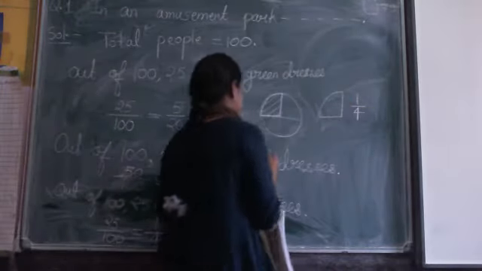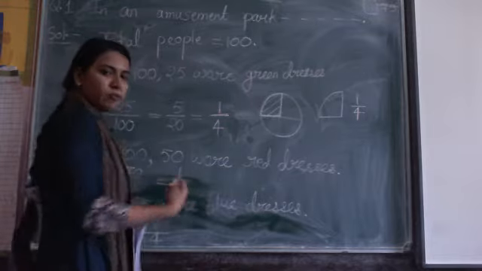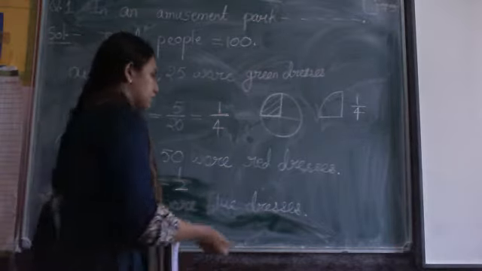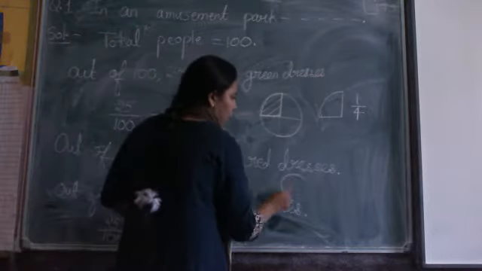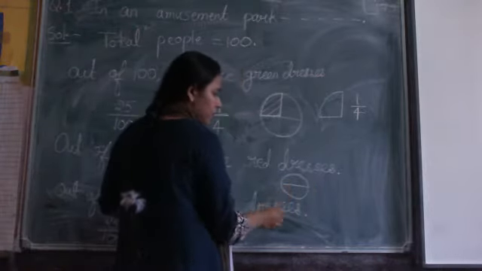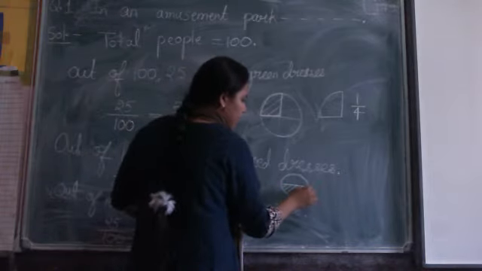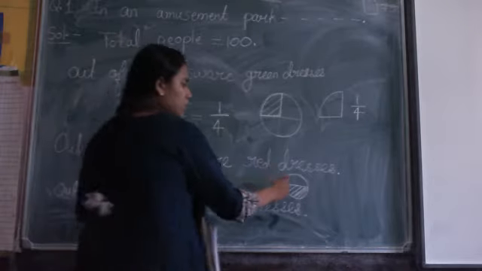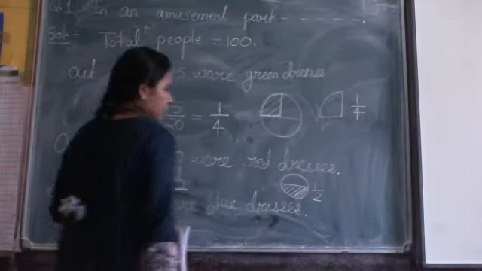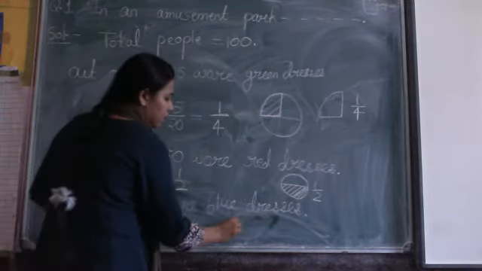And to represent 1 by 2: 1 by 2 means half. If we have a circle and want to represent 1 by 2, we will shade half of the circle.